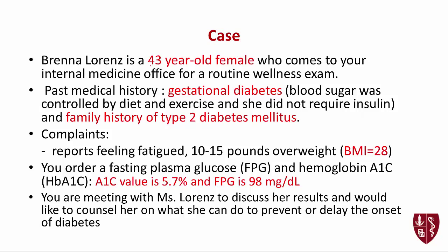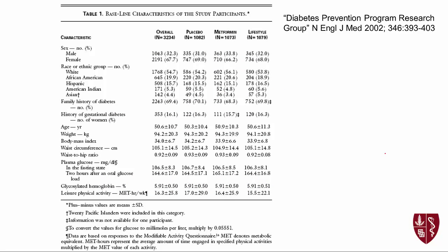And so we notice that she's a 43-year-old female with history of gestational diabetes, family history of diabetes, and these are her lab values, and this is her BMI. If you look at these characteristics, you can see that, of course, they have females. The age range will also be captured. Her age is 43; clearly, there are 43-year-olds in this sample.